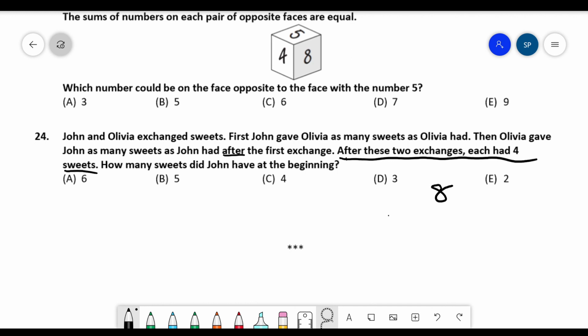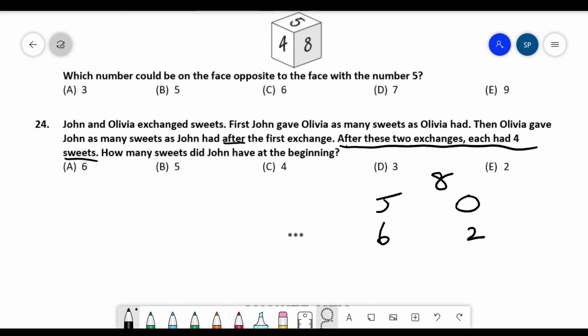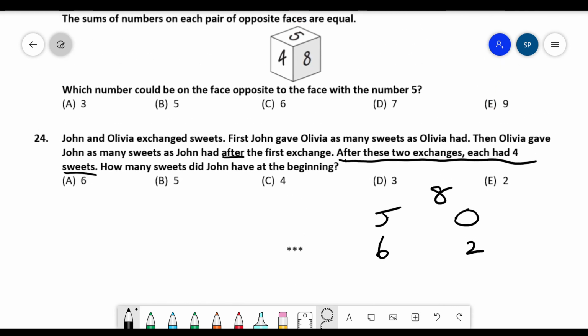Okay, so let's keep this as John and this as Olivia. J for John, O for Olivia. Starting, if John had 6, Olivia had to have 2 because 6 plus 2 would be 8. If John gave Olivia as many as she had, John would give her 2, which means John would have 4 and Olivia would have 4.